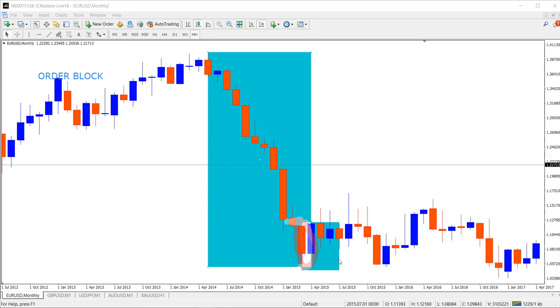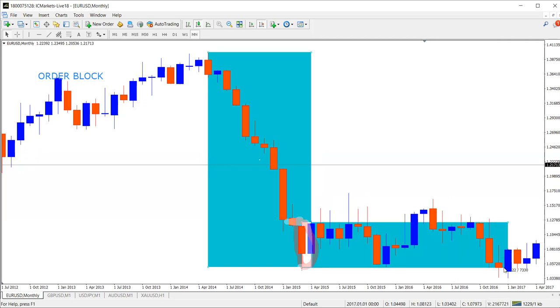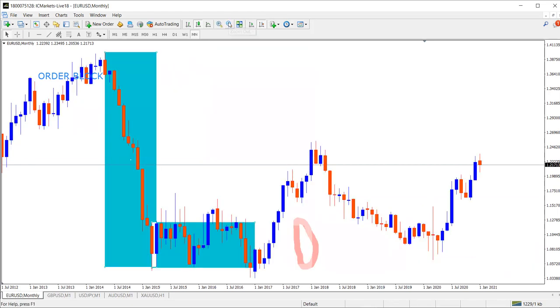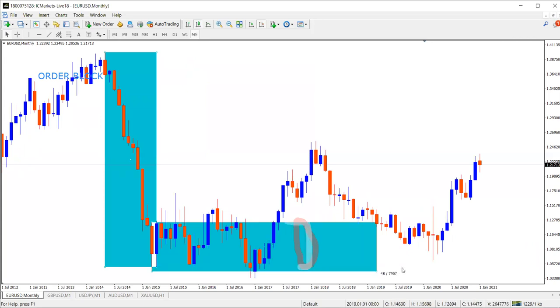So when you trace this candlestick, you can see that price retraced to that zone and got rejection on that zone. Let me zoom out so that you can see. Looking at this area, you see that price retraced the same area.